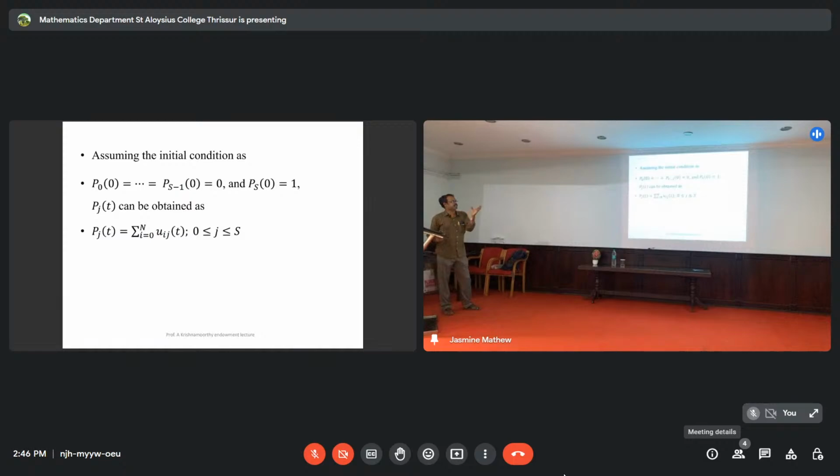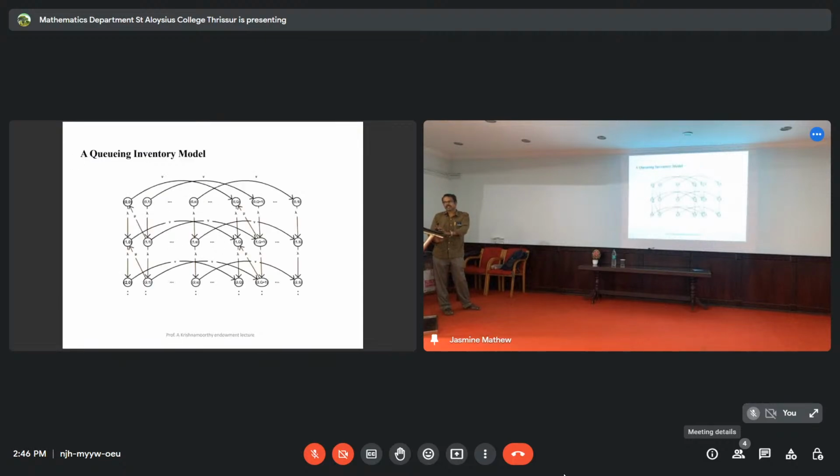Now the initial condition is assumed as that, and the solution Pj can be obtained as summation I equal to 0 to infinity. Now we extend this model.